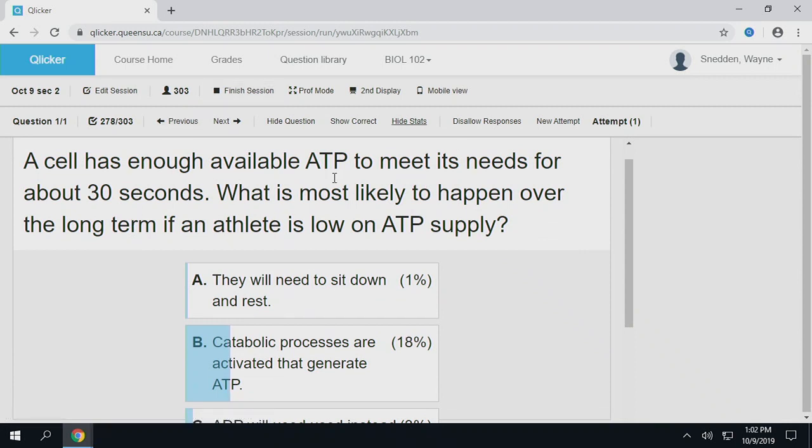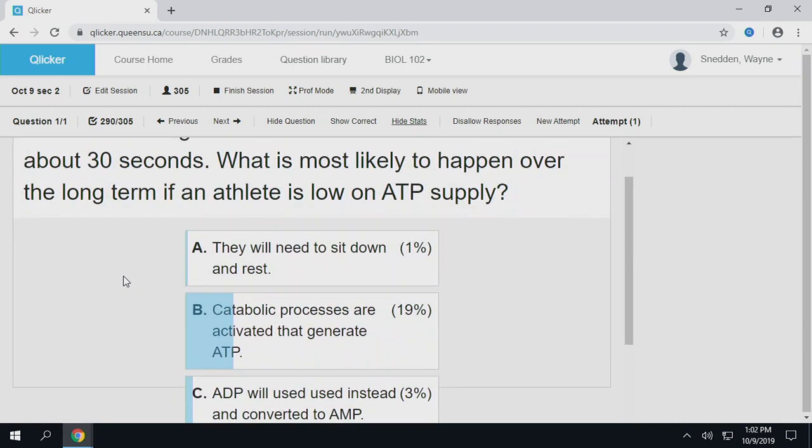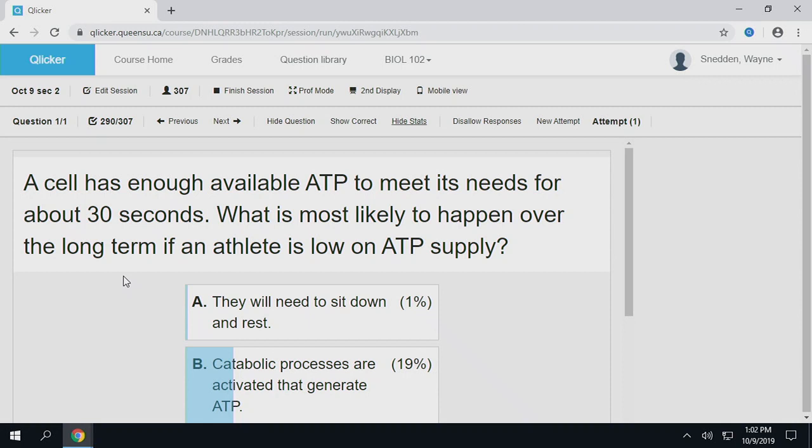Okay, so you got enough ATP for a very short period, but you need more. You're low on supply. First of all, it doesn't say anything about oxygen availability. And although we just talked about that, that's probably why people defaulted to that. All that's going to happen, remember, the cell is about regulation, adjusting metabolism to the metabolic needs, adjusting catabolism, adjusting anabolism. You need more ATP, more catabolism, less anabolism, and vice versa.